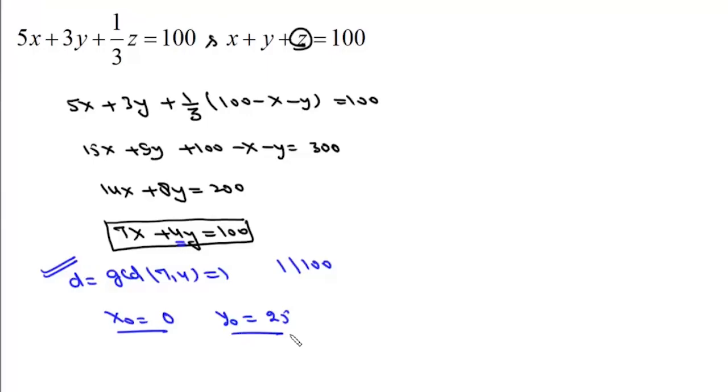We can write its general solution. Its general solution will be x equals x naught plus b upon d. Now b is 4 and d is 1. So it will be simply 4t. So we get x equals 4t, and y will be 25 minus a upon d into t. So it will be simply 7t. So the value of y is 25 minus 7t.